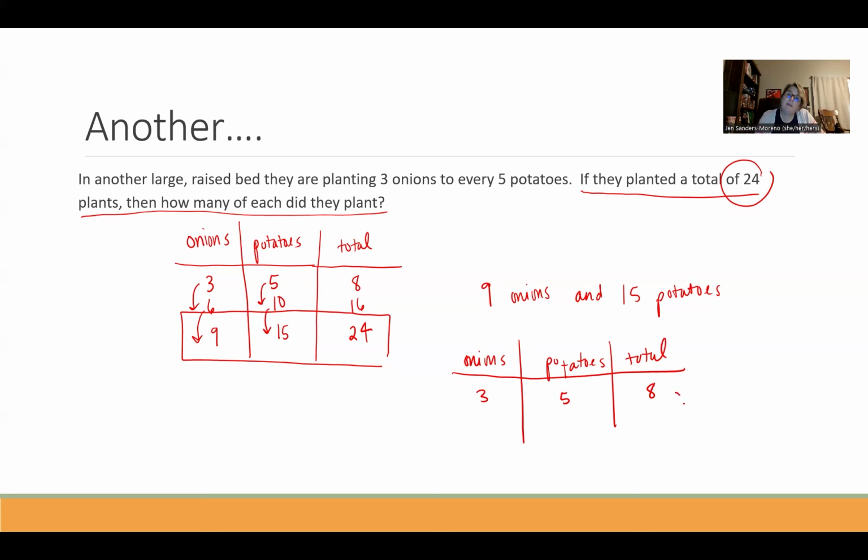But what we would do is we would say, okay, I need to get to 24. So I would have to add 8 repeatedly 3 times or 8 times 3. So I have a total of 3 8s to get me to 24. So that would then tell me I would need to multiply by 3 and multiply by 3.